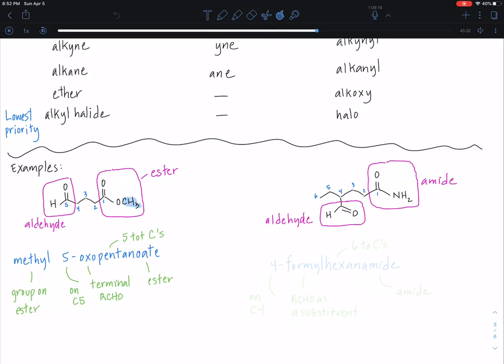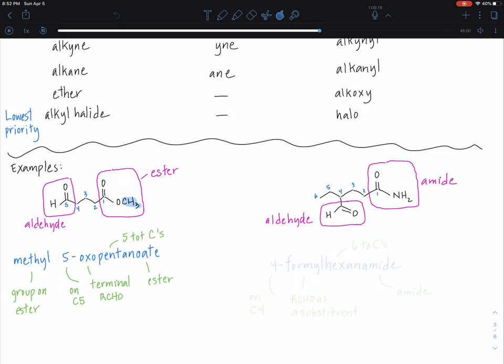So on the fourth carbon there, what do you see? You see the aldehyde, and it's a substituent. See how it's now a CHO instead of just the double bond O? So we're referring to this group now as a substituent. And so we're going to use the prefix formyl. It's not an oxo, it's a formyl, right? Because we're referring to the CHO group, not just the oxygen part of the carbonyl.